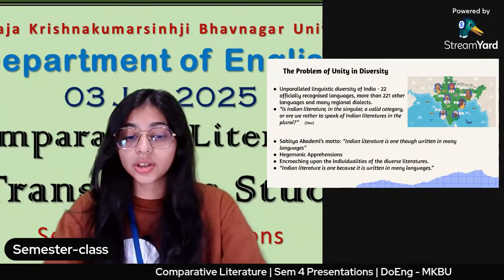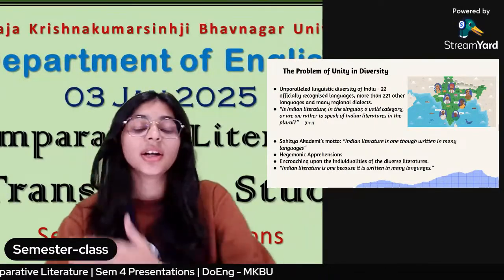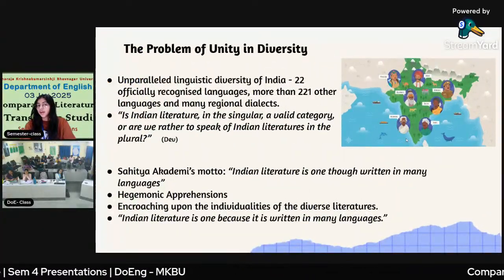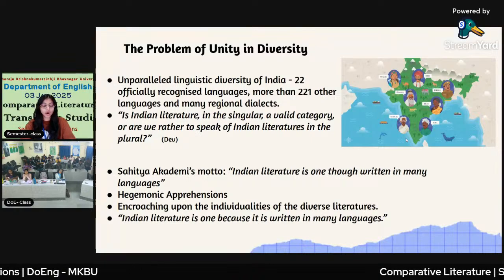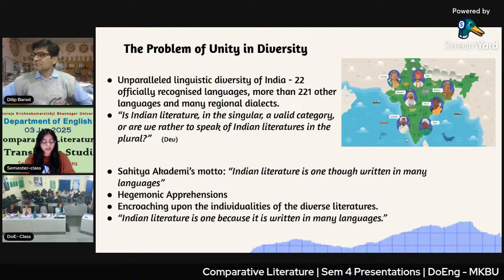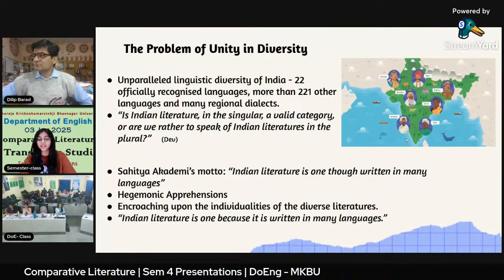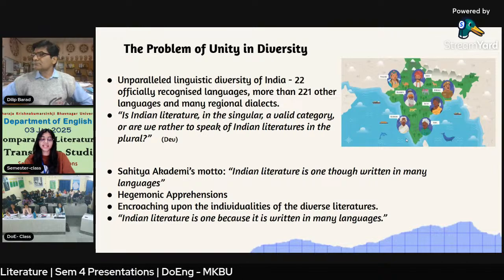Now, this problem of unity in diversity brings hegemonic apprehensions. We see that dominant languages often overshadow the other regional languages, and here Amiya Dev also points out the problem in Sahitya Akademi's motto, which is: Indian literature is one, though written in many languages.